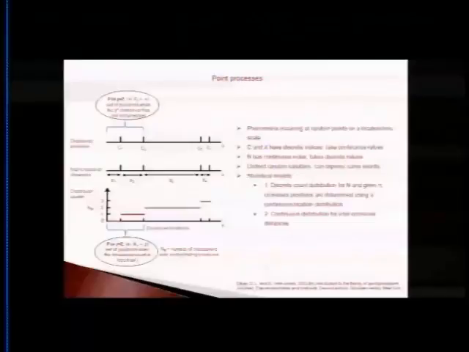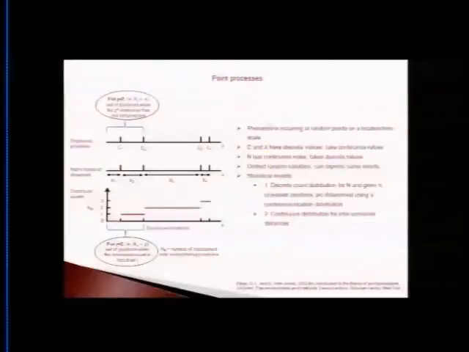The second definition is in terms of intercrossover distances, which is the distance between two crossovers. These two are equivalent, which can be seen readily because setting C1 equal to X1, we get C2 is X1 plus X2, C3 is X1 plus X2 plus X3, and so on.